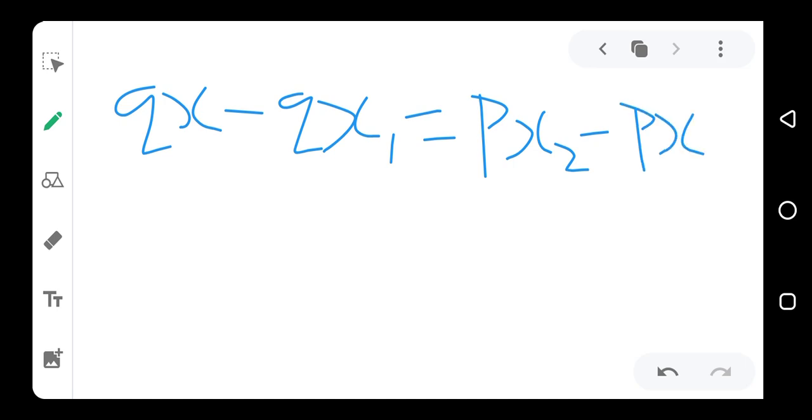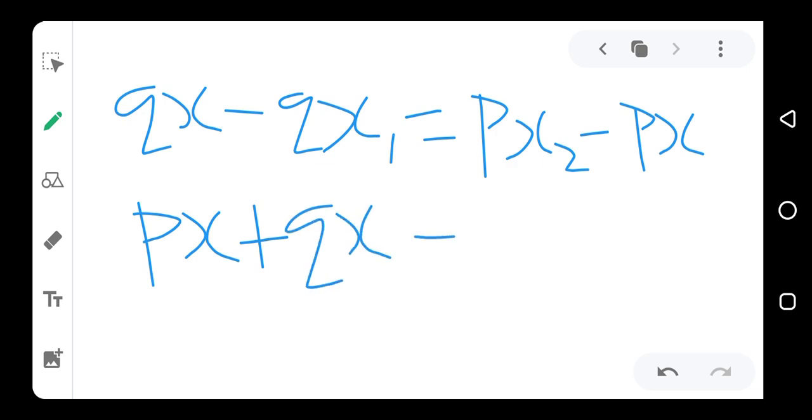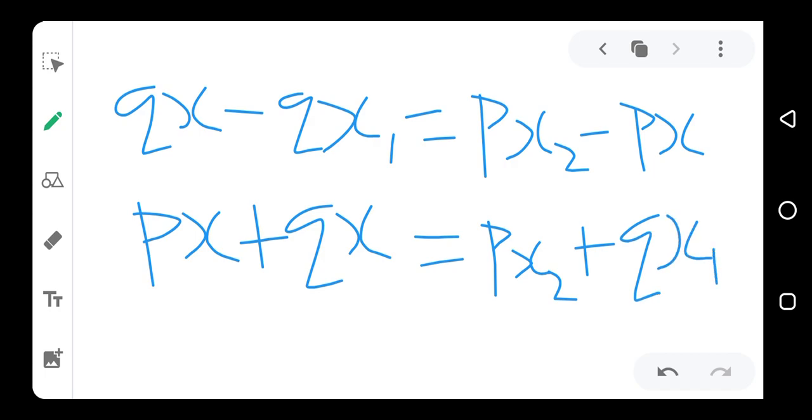Now this means that if we collect like terms, we have that px plus qx is equal to px2 plus qx1.